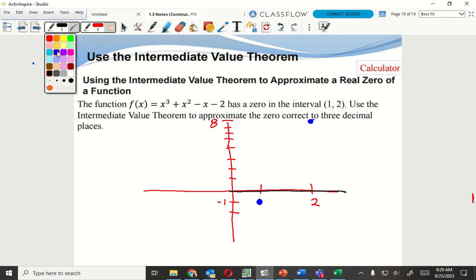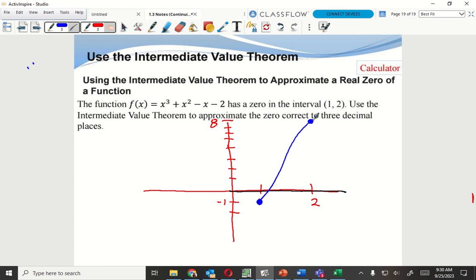Now, using intermediate value theorem, to go from here to here, I had to cross the 0, right? This is where intermediate value theorem is actually used the most, seeing if it crosses the x-axis.